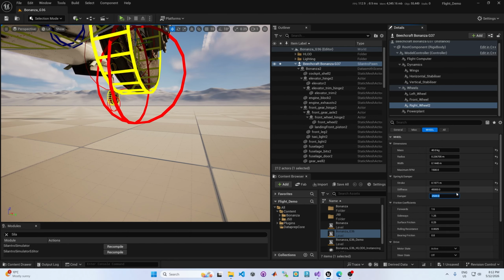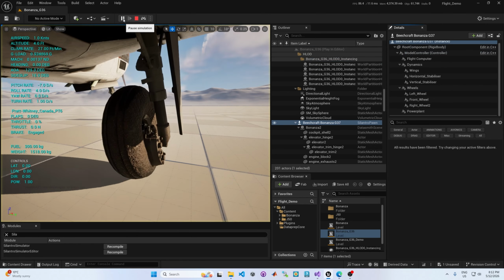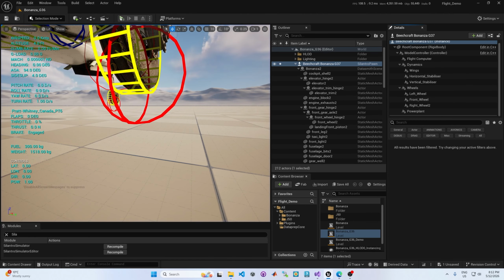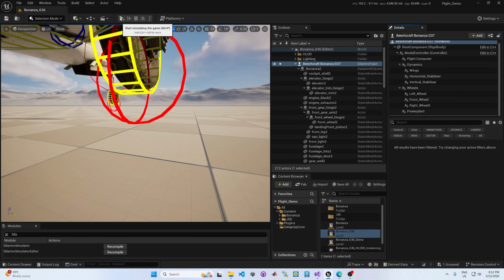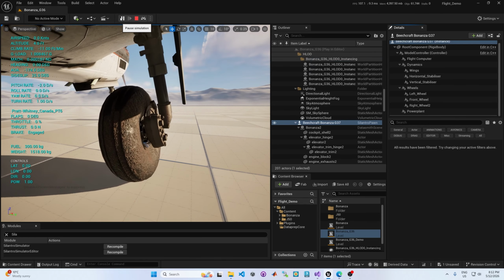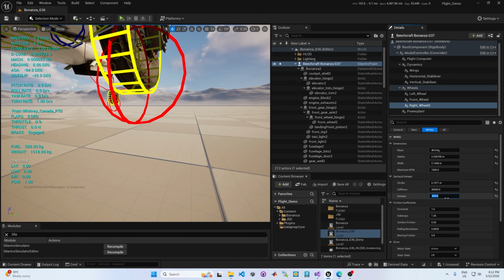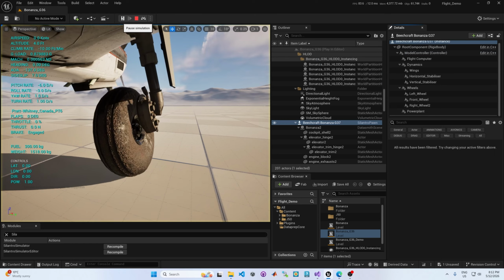So let me show you what that looks like. If I set this to 500, now you see we got like three compression oscillations around that time. 1, 2, 3 before it dampened. And now if I go back and set this to maybe 20,000, this will probably just be one and stop.